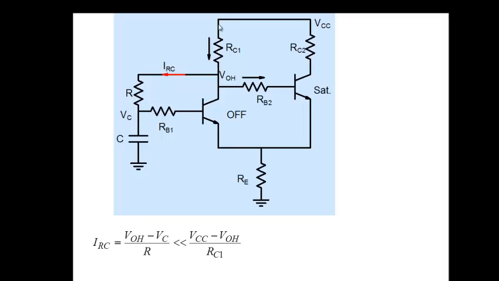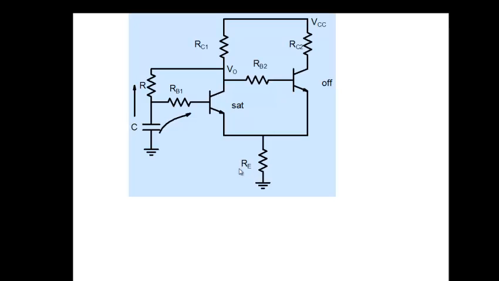If you don't connect your RC, the normal current which is flowing here is VCC minus VOH by RC1. So you have to ensure that the current which is flowing through this RC is much less than this particular value. Then you can simplify and write down this particular equation.